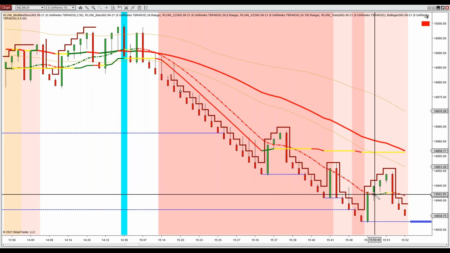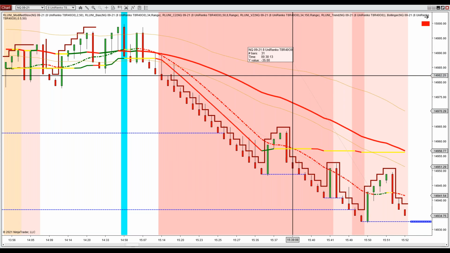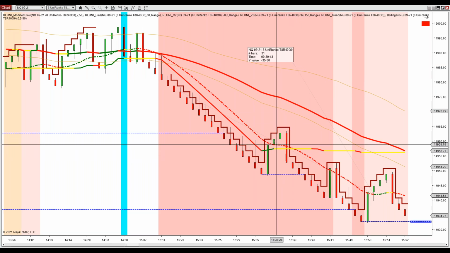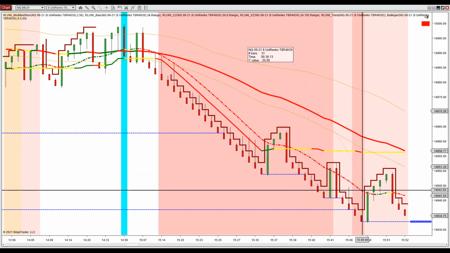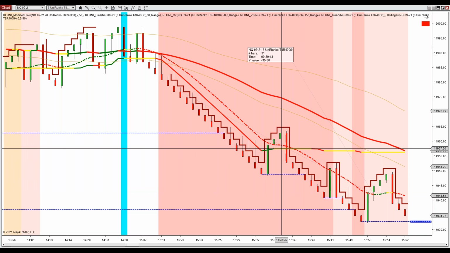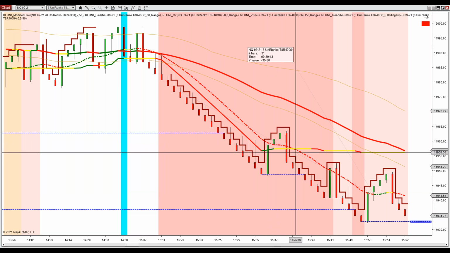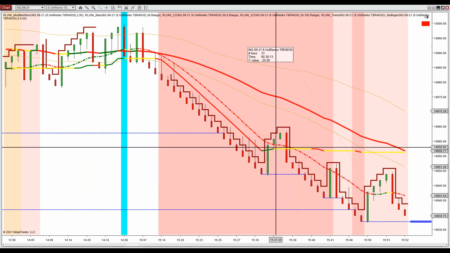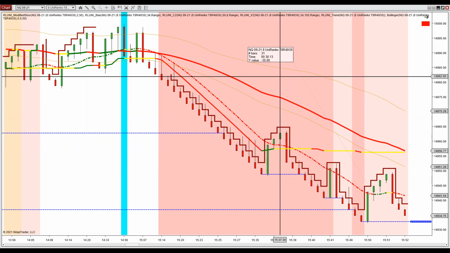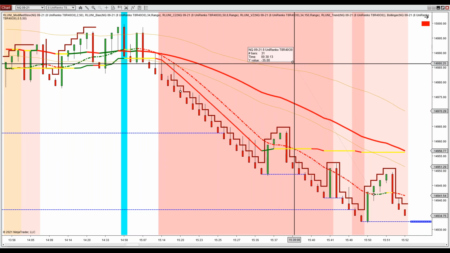You're going to be out right around here, 35 points. Even though you get these up candles, it doesn't appear to change the color. There could have been an intra-candle flash of yellow, which may have closed the trade, but we can't see it, so we can't say. Right here is where the trade likely closed at 35 points.